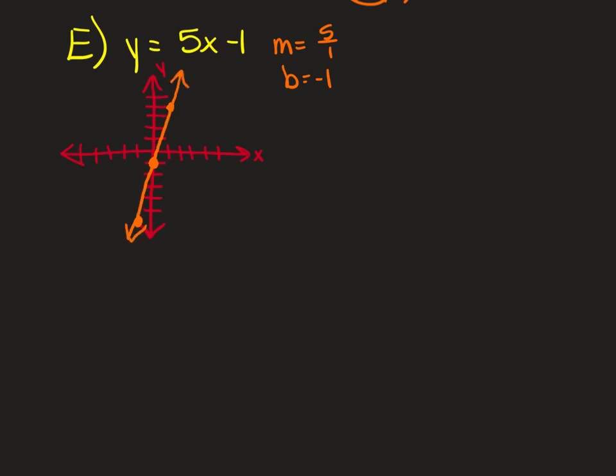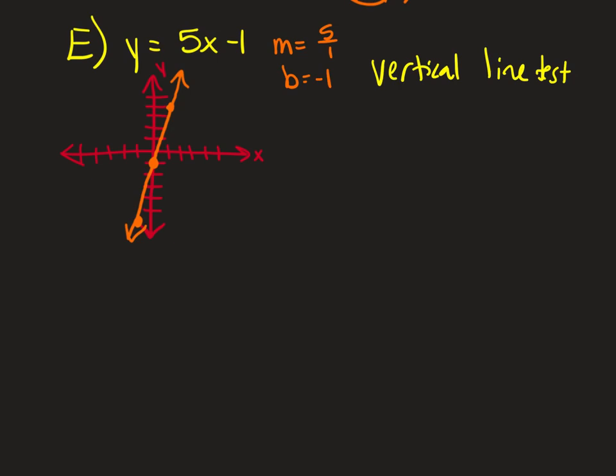Now I want to use that vertical line test. And if I draw a vertical line anywhere, it crosses one point. I could do another one. I could draw a vertical line here. It crosses one point.